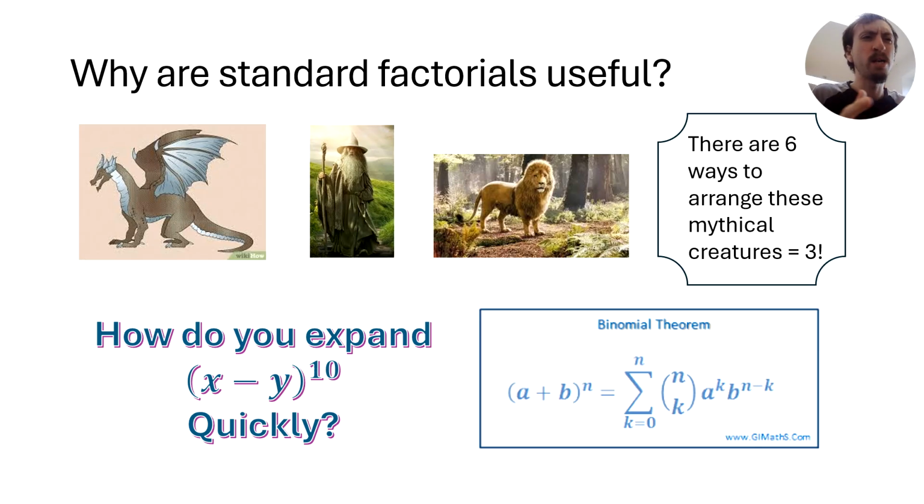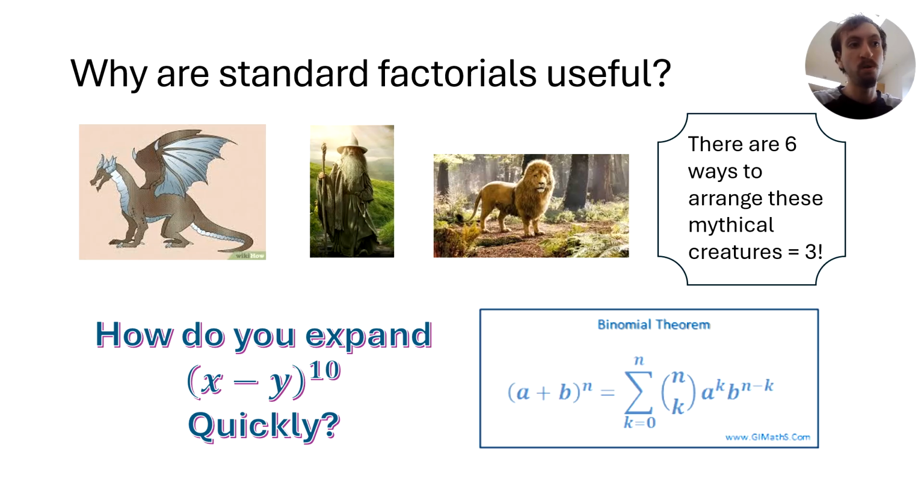But because arranging nothing is a slightly strange idea, really zero factorial can be justified in other ways by extending patterns. Another way to work out what zero factorial should be is to look at x minus y to the power 10.